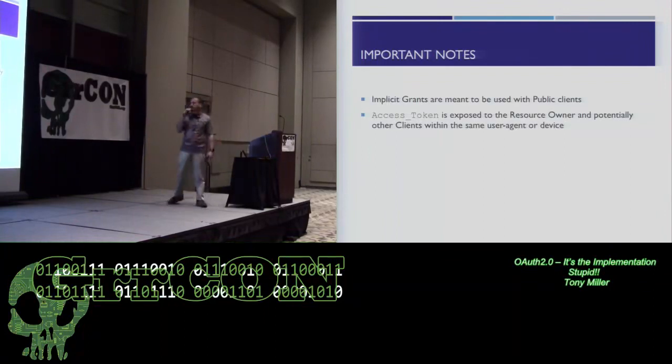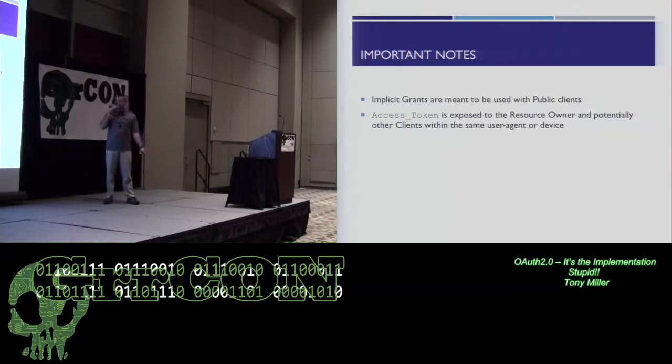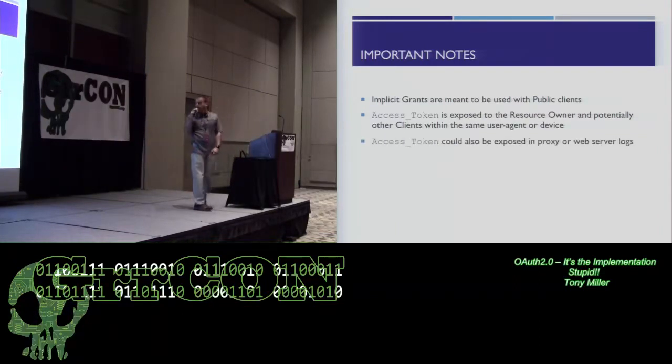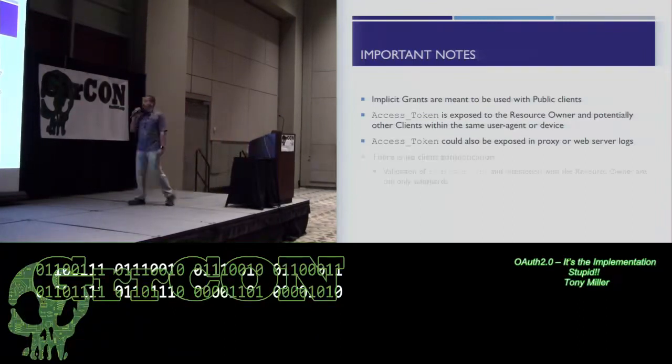It's only in these implicit grants. So what does that mean? Well, it's exposed within the user agent, so anything with access to that user agent has the ability to get that access token too. Access token could potentially also be exposed in proxy or web logs. Depends on log settings and so forth, but you get the idea.